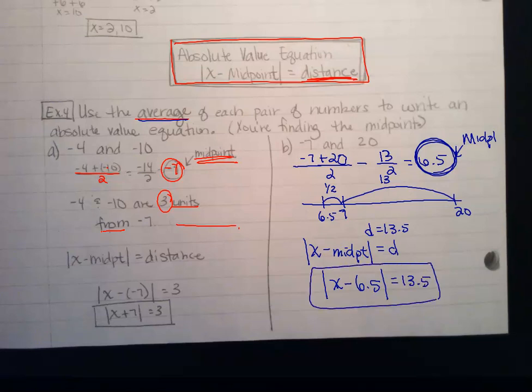Ta-da! So you know how to write the equation if you're given the endpoints, and you know how to write it when you're told how many units it's from the midpoint. Two different ways, but you're using that same formula. The formula to write the equation is always the same, but you have to find the midpoint and the distance to be able to do it.